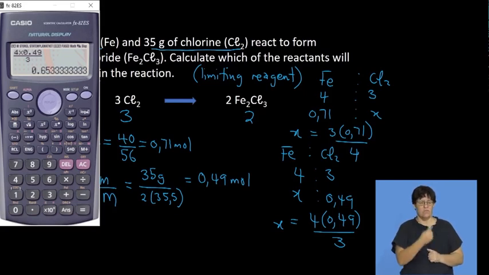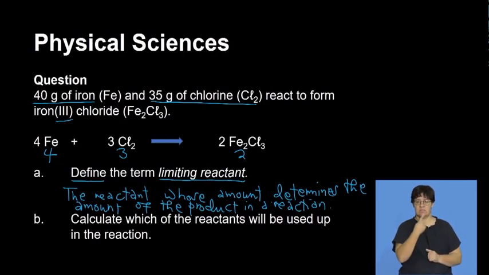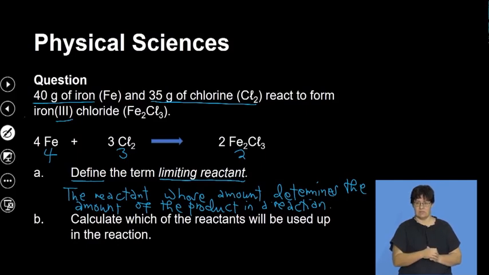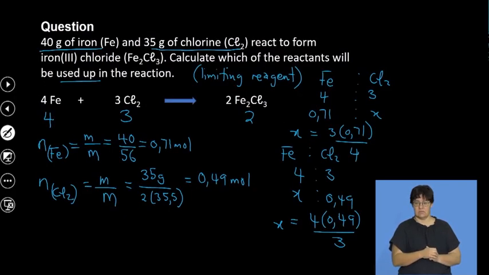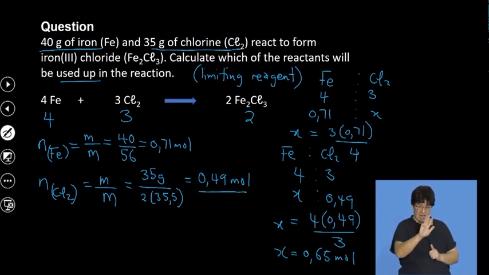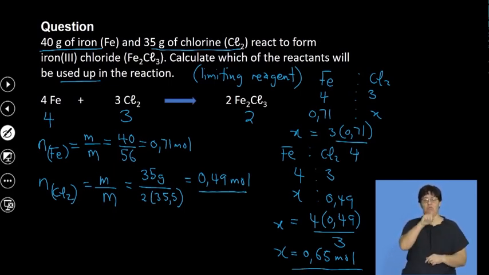Now, what are we saying? We are saying X is equal to 0.65 moles. If all the 0.49 of chlorine reacts, how much iron is needed? It's 0.65.